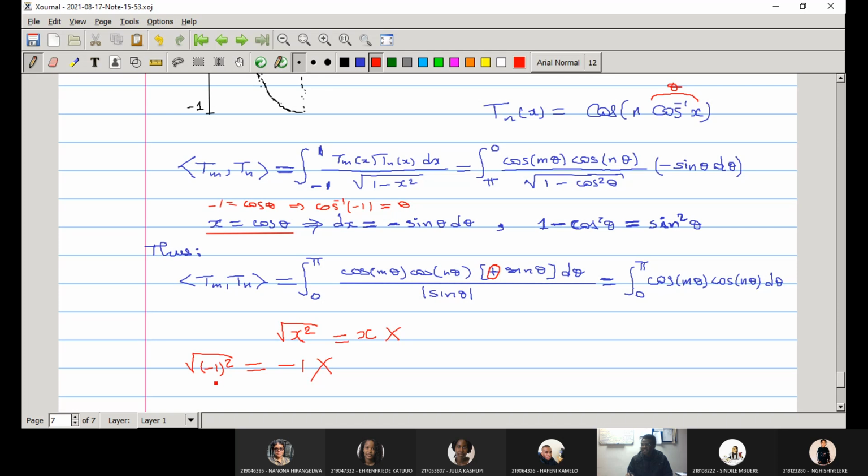Because x is negative 1, if I square negative 1, square root is not negative 1. So that's why if you write square root of something squared, it's not that something. It is absolute value. If you put this, it is wrong. So it is absolute value, and that's correct. Be careful. If you don't pay attention in mathematics, you will think that you are writing correctly. Therefore, they are all wrong.